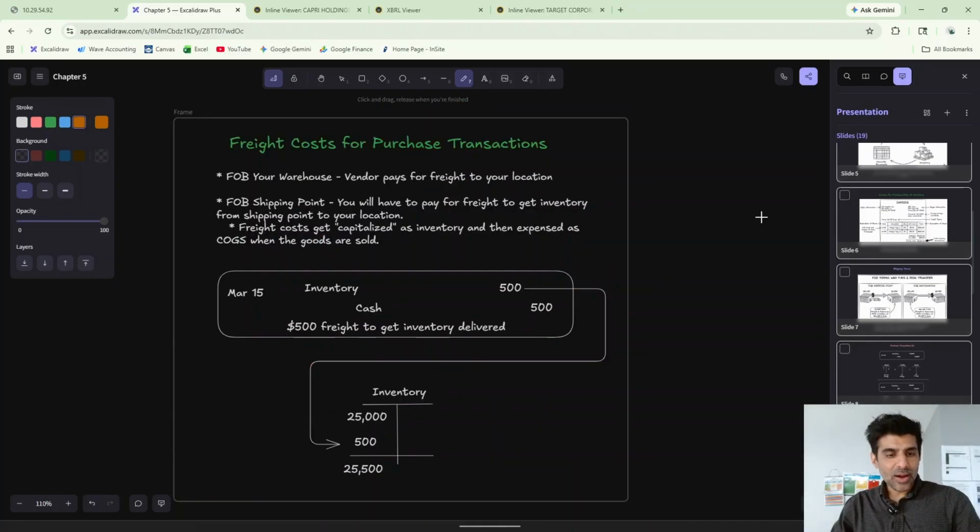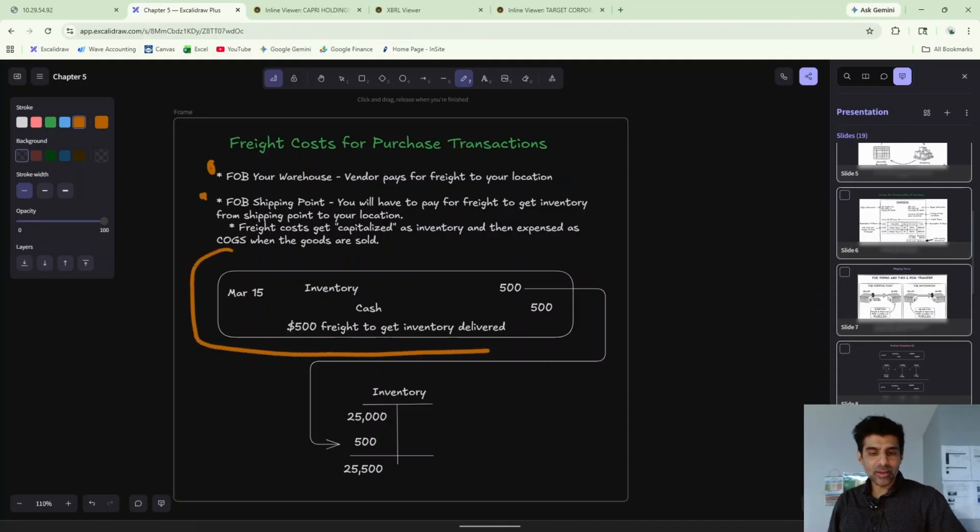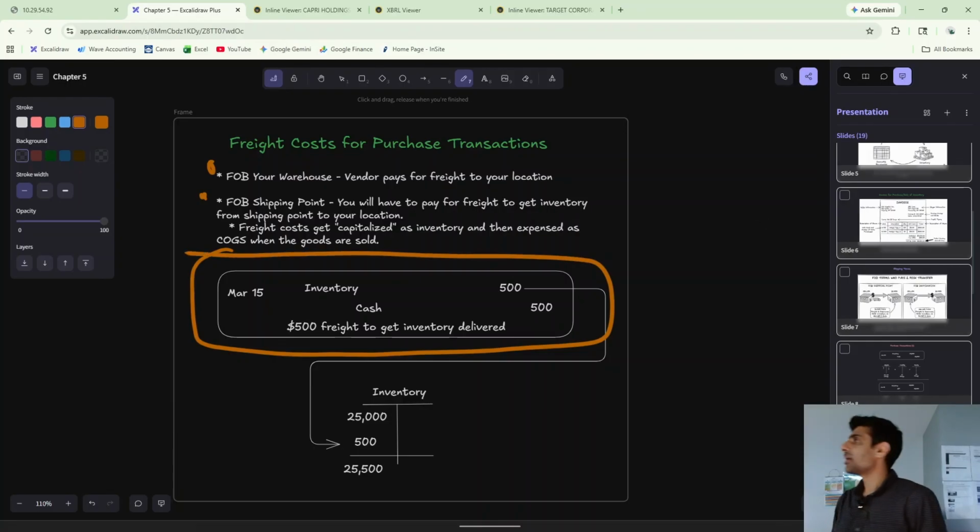Freight cost is going to depend on the terms. If it's FOB your place, there's no freight. The seller is going to pay for the freight to get it to your location. If it's FOB their location or some other midway point, you will have to pay for freight. Again, this is specific to purchase transactions where you're buying inventory. You're going to capitalize that cost.